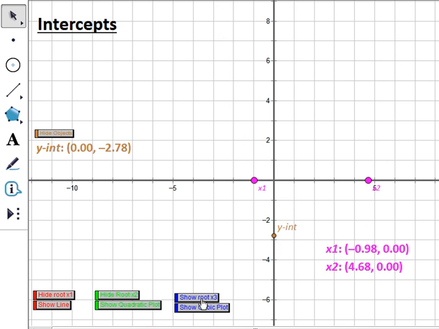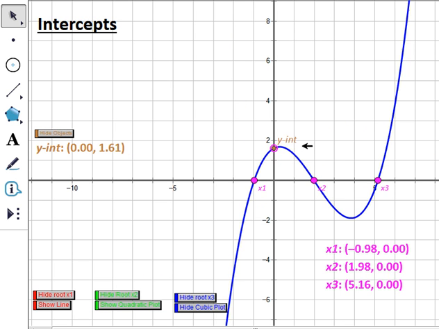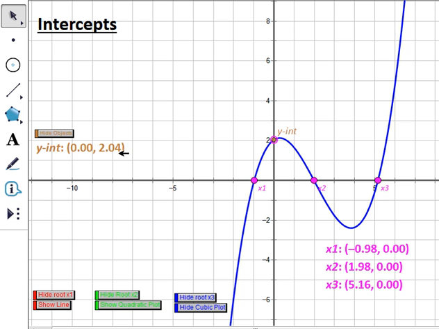And it doesn't matter what type of function you're dealing with. If you were to deal with a cubic function, which has up to 3 x-intercepts as this example does, you would see 3 points whose x values vary, but their y values are 0. And again, its y-intercept has an x value of 0, no matter where I put it.